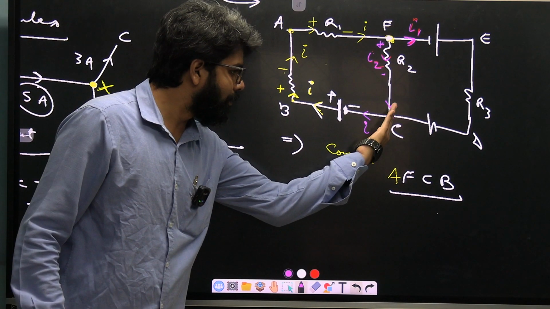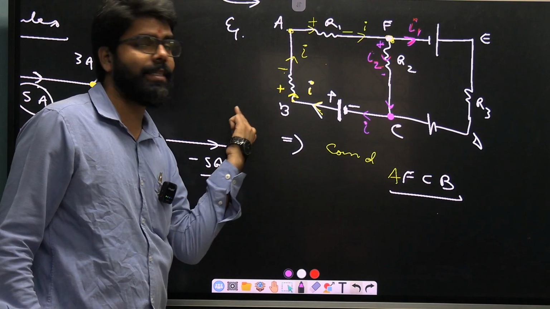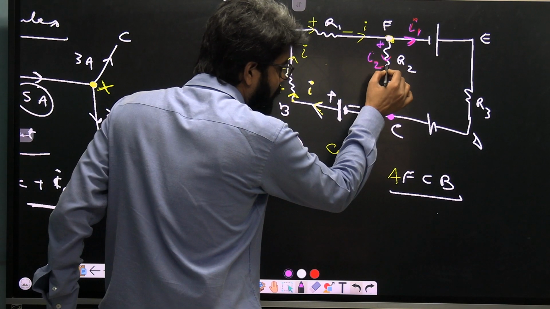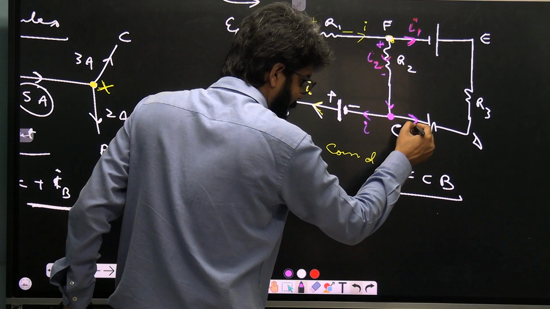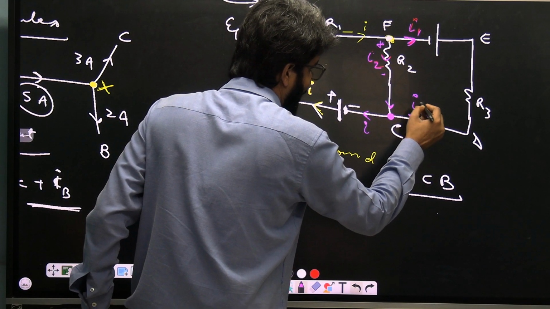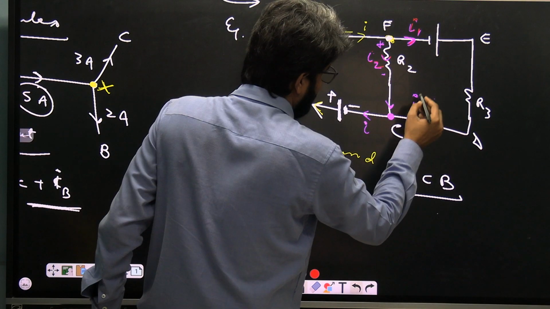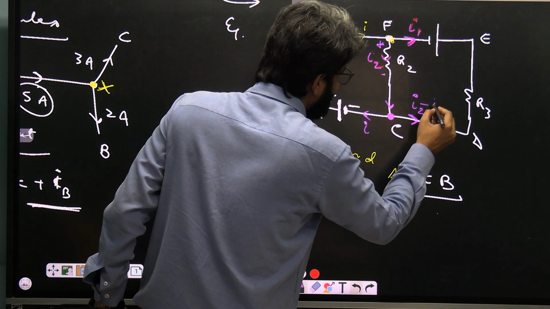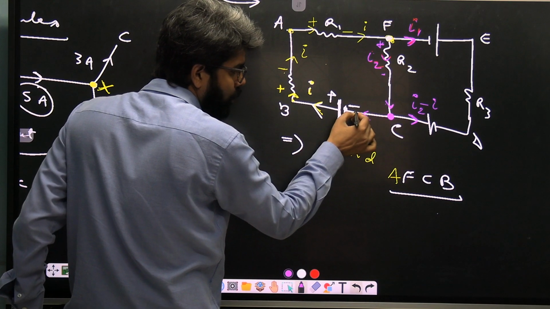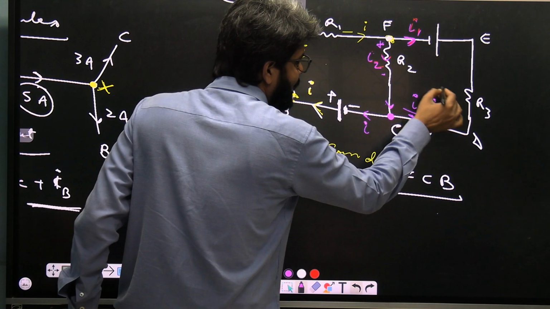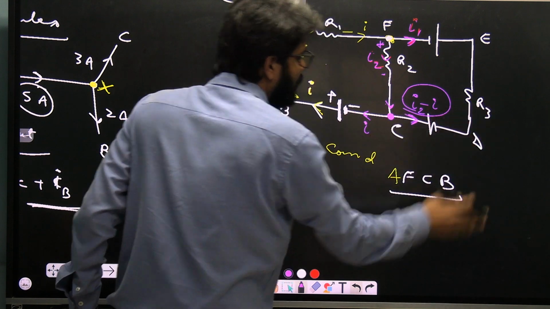So the I enters from here, and only this I will exit. So from the I2 current here, I goes here. According to the junction rule, the current in this direction will be I2 minus I. I2 is the total current at this point, and whatever is left, I2 minus I, will go in this direction.